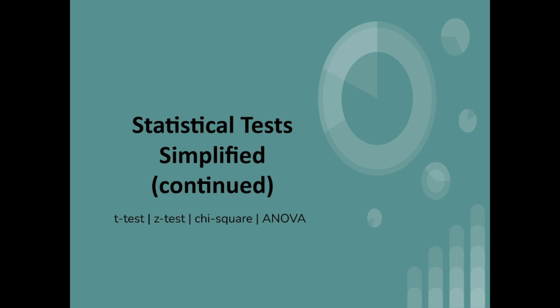So today I will just continue from wherever I left off in my last video. There I explained some important statistical tests like t-test and z-test, but those are mainly used for checking the data distribution of continuous predictor variables. But whenever it comes to categorical variables, we can take help of chi-square and ANOVA.